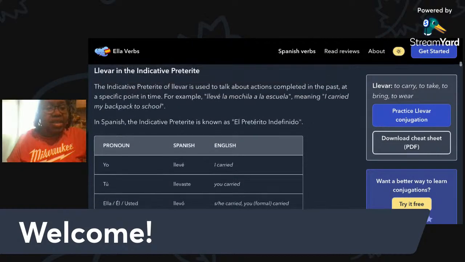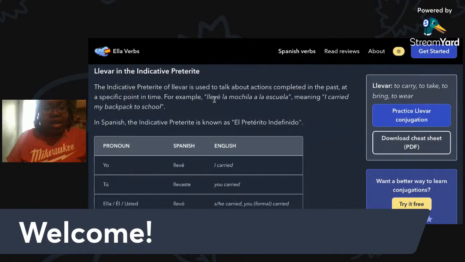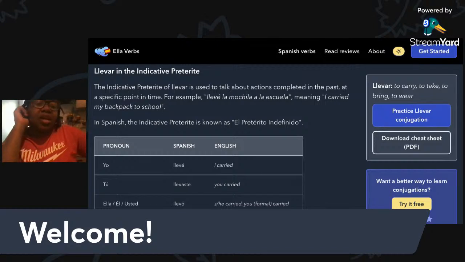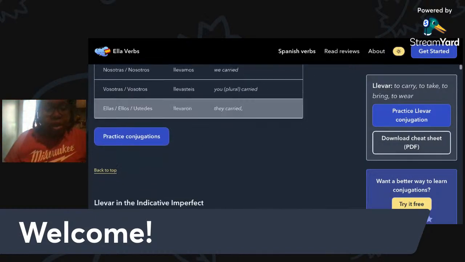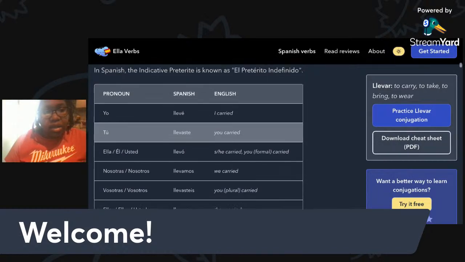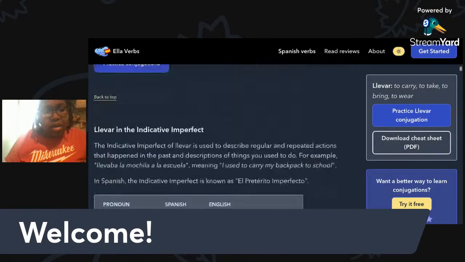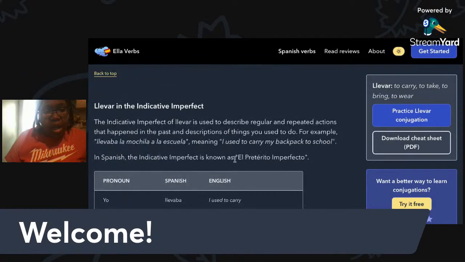Okay, so this is past tense here. So what was this? Talk about actions completed in the past at a specific point in time. For example, llevé la mochila a la escuela, meaning I carried my backpack to school. So what's the difference between that one and this one? I used to carry my backpack to school, but I no longer do it.